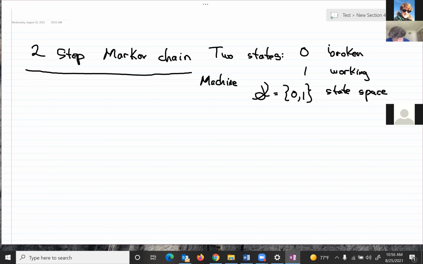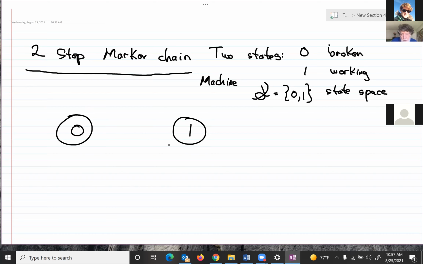Okay, now one way to represent what's going on with this machine is to draw a picture. So let's do that. So let me see if I can move my screen a little bit. See if that works better for me. So here's a picture. We could be in state 0, or we could be in state 1.